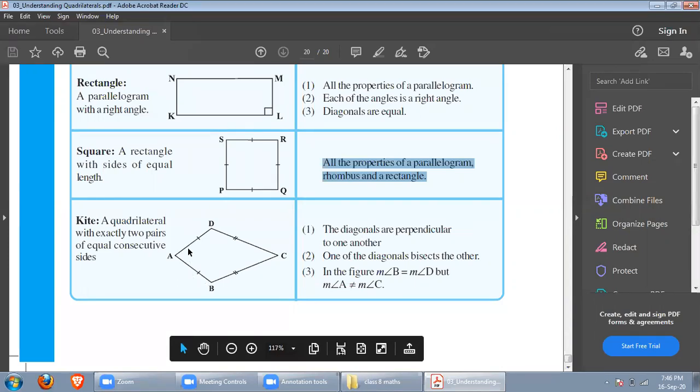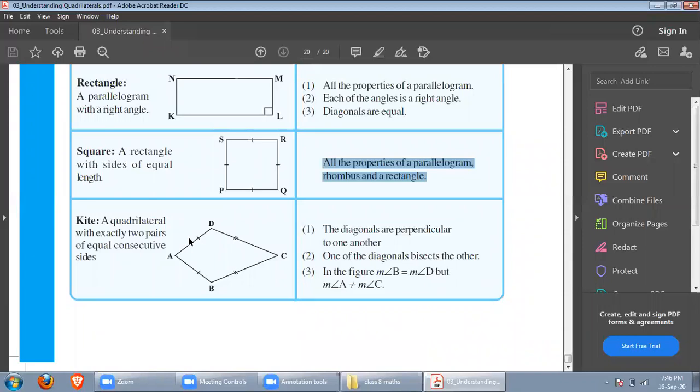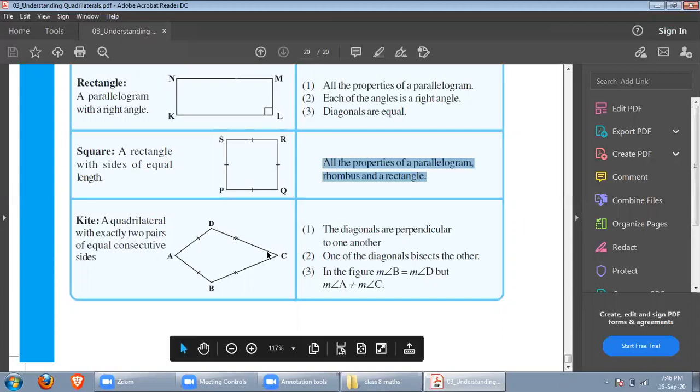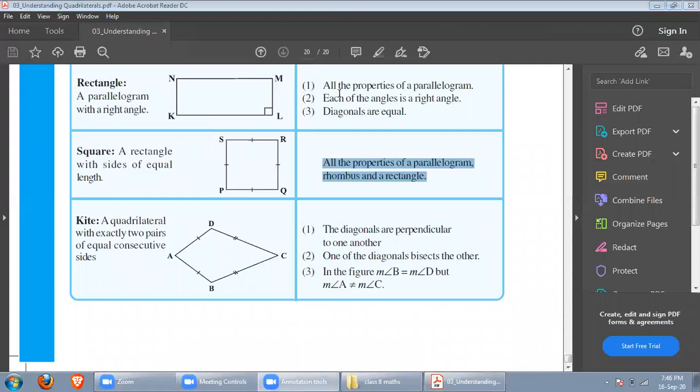If a quadrilateral has exactly two pairs of equal consecutive sides, like this, AB equal to AD, BC equal to DC, then this is a kite. Like yesterday we talked about, you see, this was the line of symmetry.